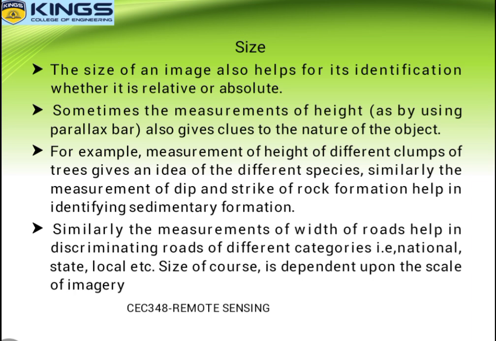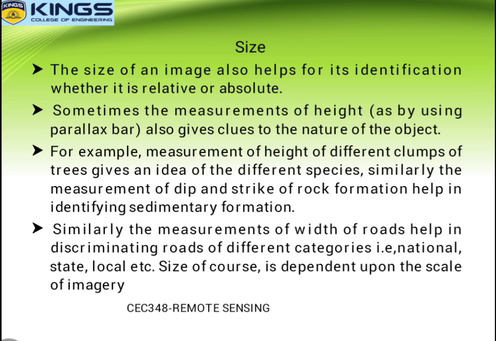Next one is size. The size of the image also helps in its identification, whether relative or absolute. Sometimes the measurement of height, as by using a parallax bar, also gives clues to the nature of the object. For example, measurement of the height of different clumps of trees gives an idea of different species.